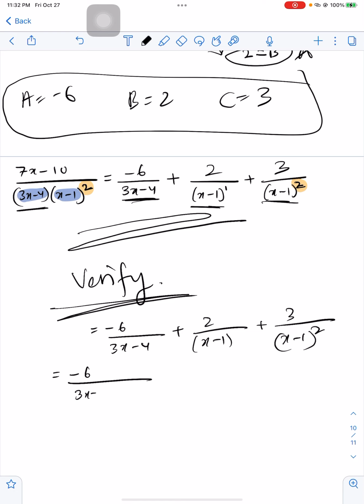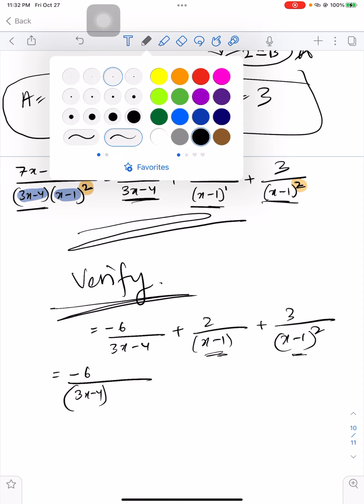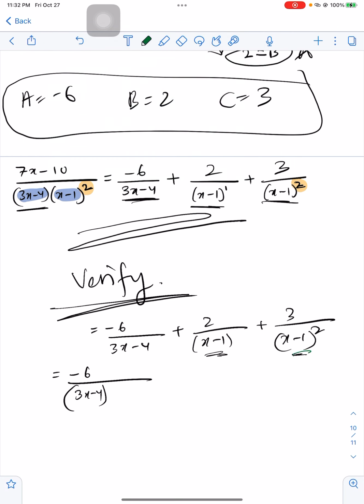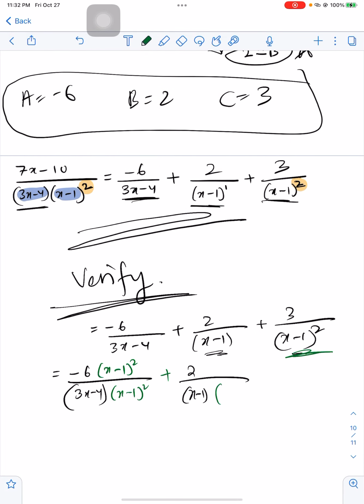Now if you have to simplify, make the same denominator. So 3x minus 4, which means this is not there, but then the highest one will be taken. So you have x minus 1 whole square. Then plus 2 over x minus 1, is already there. What is missing? x minus 1 and 3x minus 4.